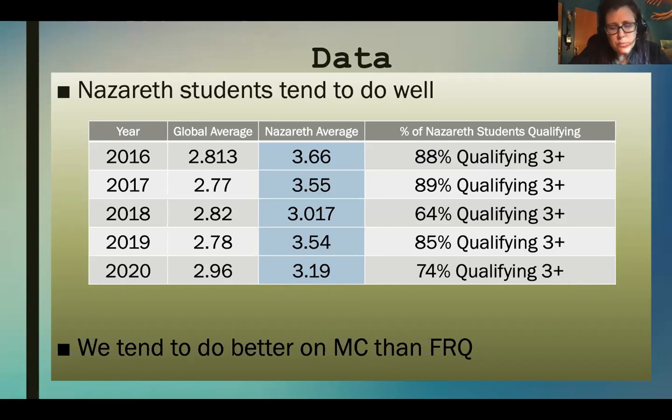And what's crazy is we don't do as much practicing of multiple choice because we tend to do really well on it. We struggle more with the essays, so it's better for us to spend our time together working on essay skills and writing and practicing that, because that's where we have the most room to grow, and that's what we need. So just a little bit of data.